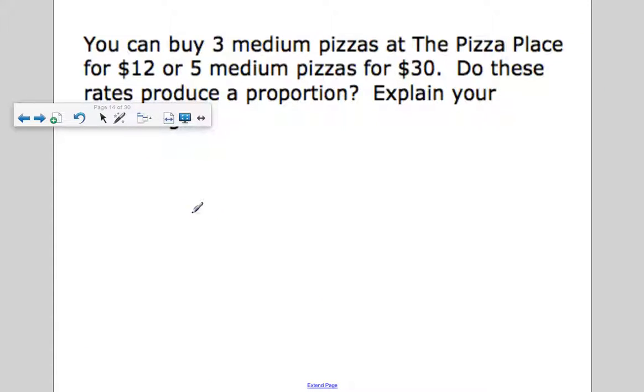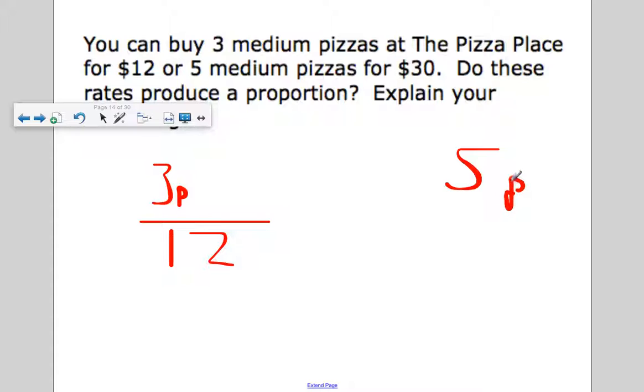So here's our last question. You can buy 3 medium pizzas at the pizza place for $12 or 5 medium pizzas for $30. Do these rates form a proportion? That means, are they equivalent? So 3 pizzas for $12 and the other place costs 5 pizzas for $30.